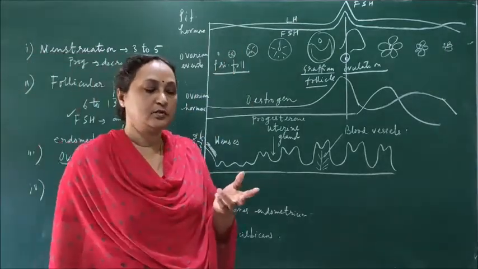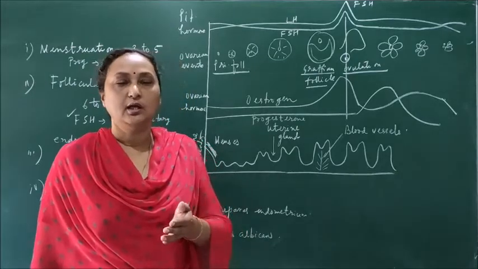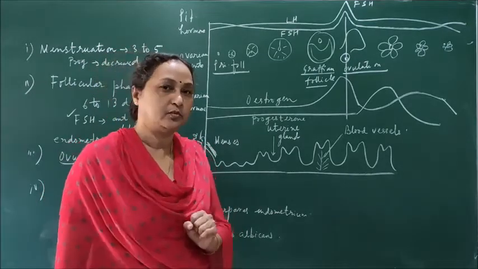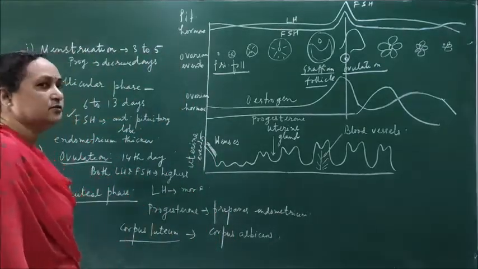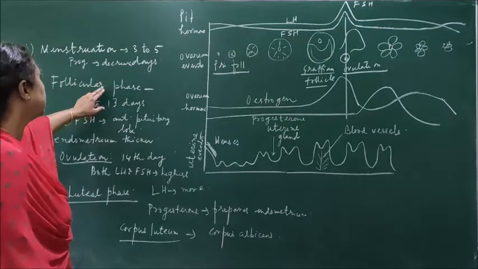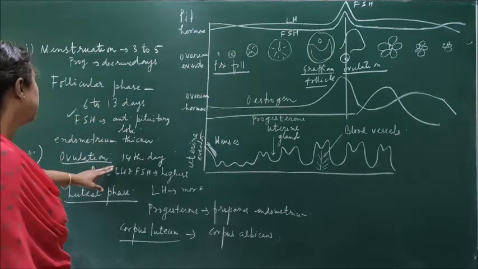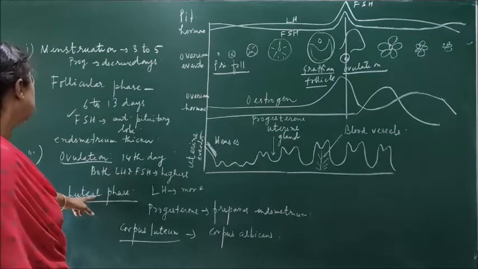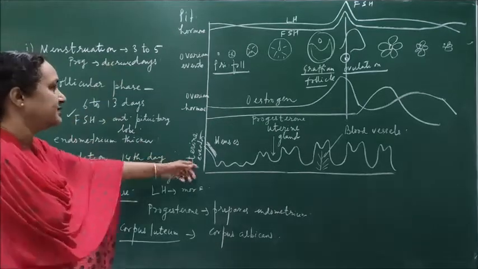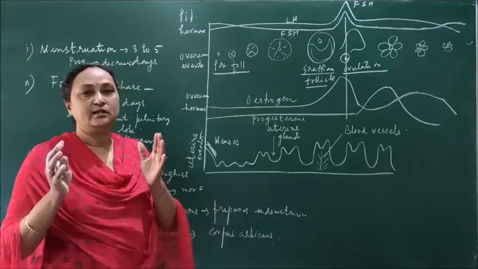The ovary produces estrogen and progesterone, and the pituitary gland produces follicle stimulating hormone and luteinizing hormone. So we are dividing the cycle into four phases: number one the menstrual flow, number two the follicular phase, number three ovulation, number four the luteal phase.